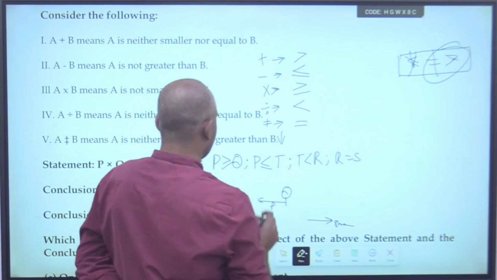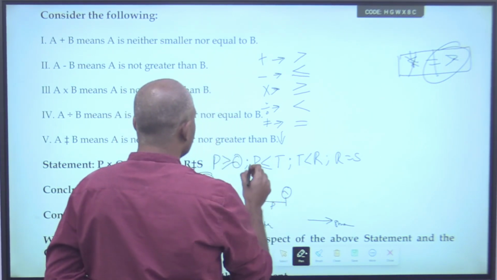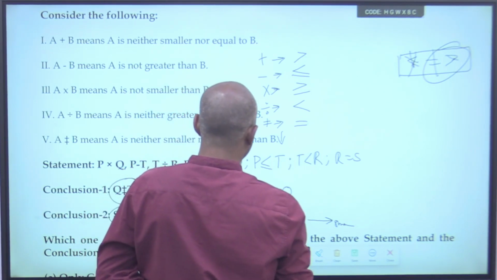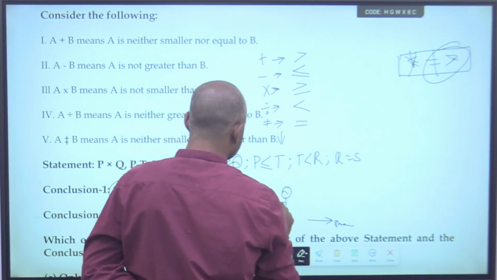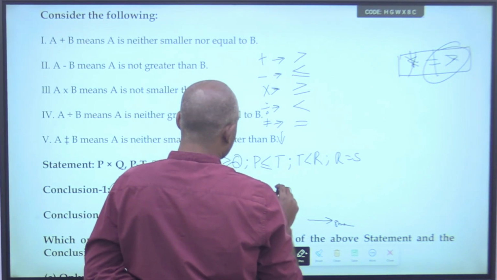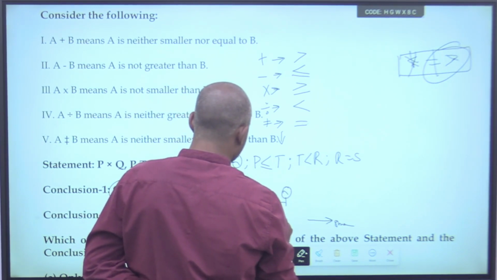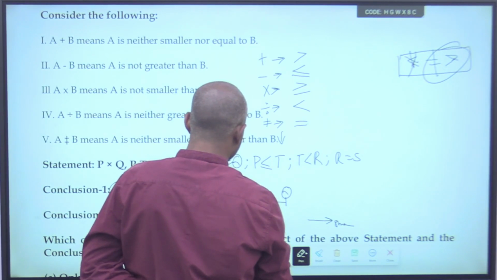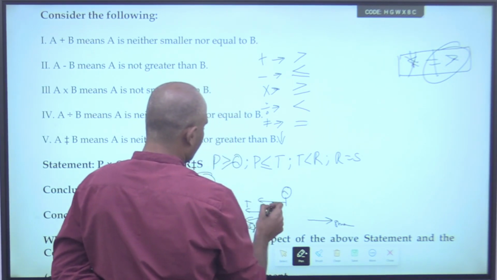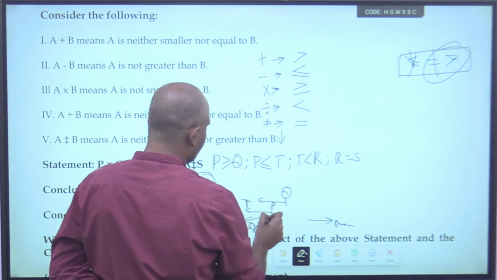So this is P. Next, P is lesser than or equal to T. If this is P, this must be T, because T is either greater or equal. If P equals T, it will be here.